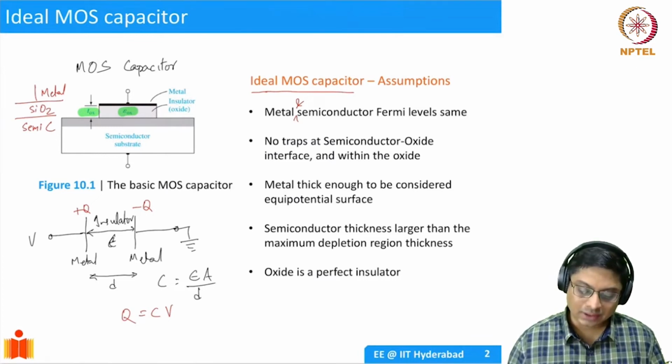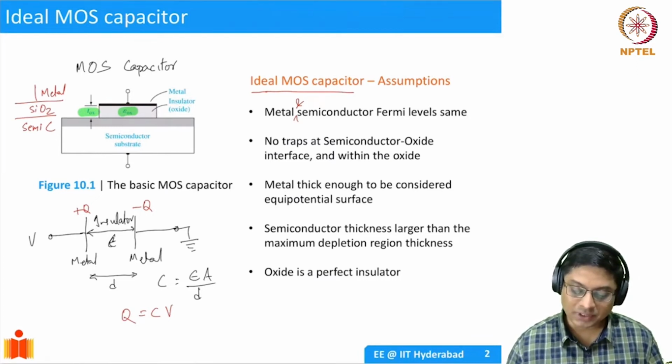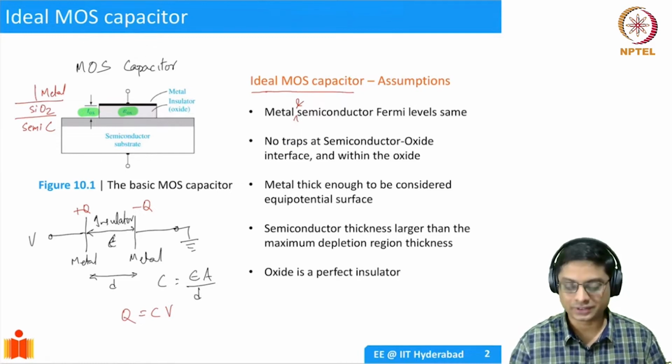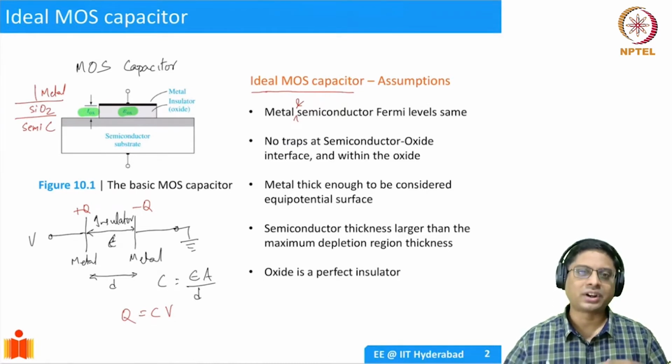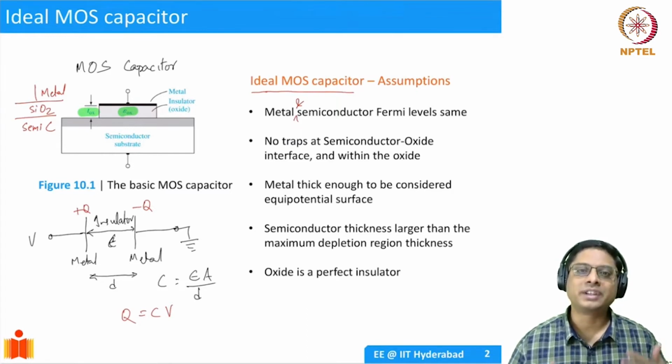And then there are no traps in the semiconductor-oxide interface, or within the oxide. This is a very, very crucial assumption. It turns out that historically, one of the first semiconductors to be used in transistors was germanium. And when they tried to grow an oxide on germanium, the interface was not very good.